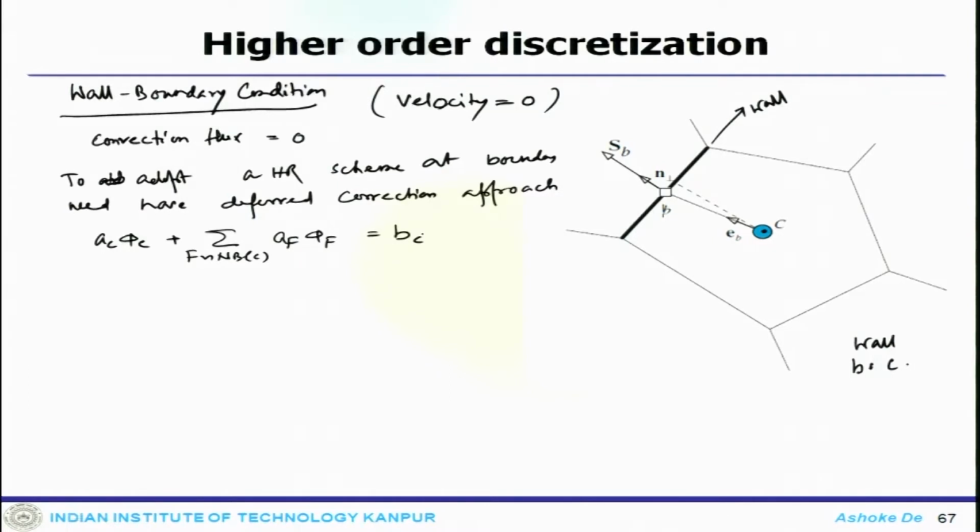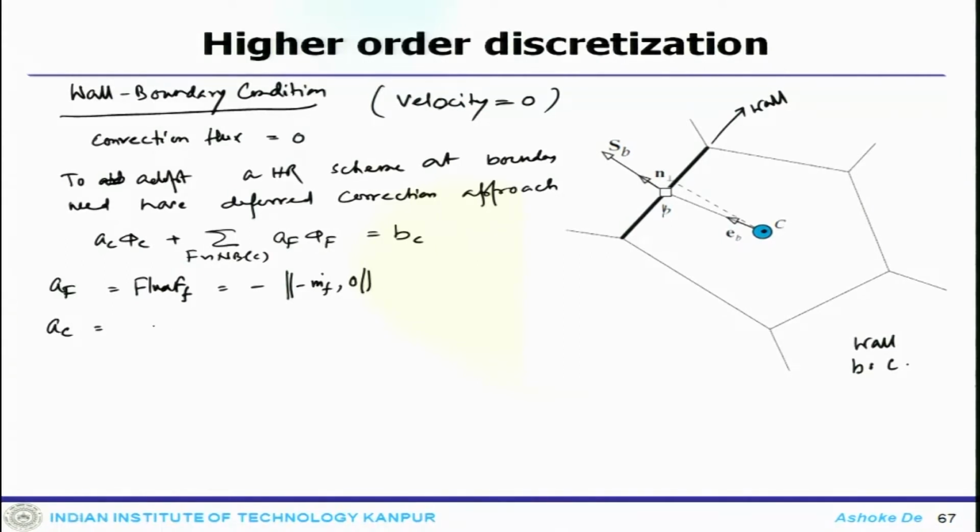The coefficients can now be evaluated, where AF equals the flux F, which is minus m dot F, 0.